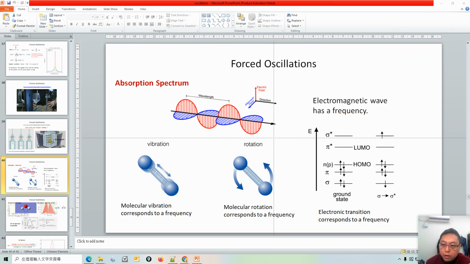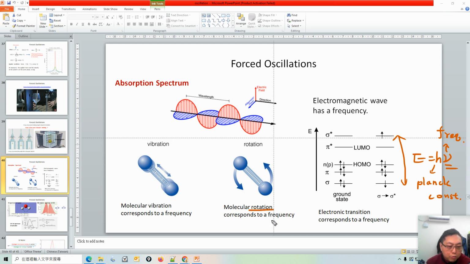Why? Because I think most of you have heard about the light quanta theory: E equals h nu, where h is the Planck constant and nu is a frequency. So an electronic transition between energy levels also corresponds to a frequency.